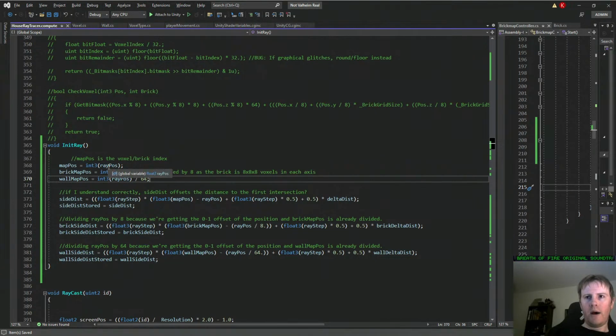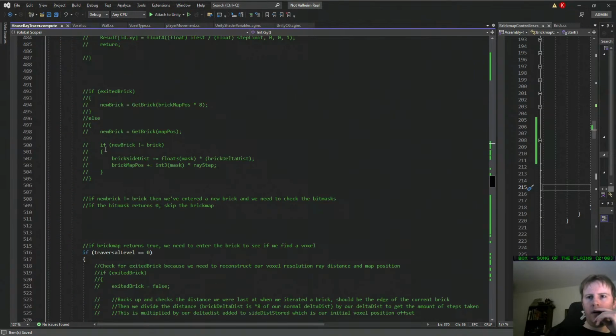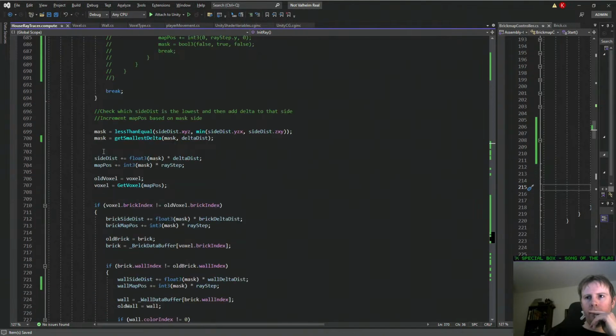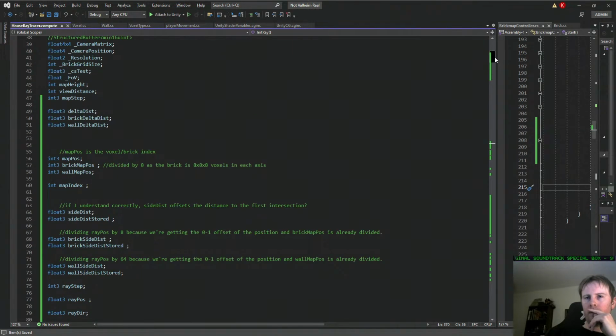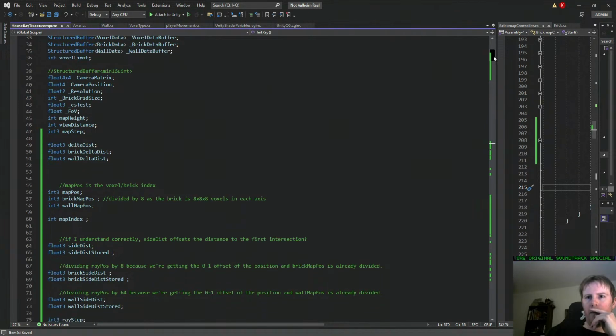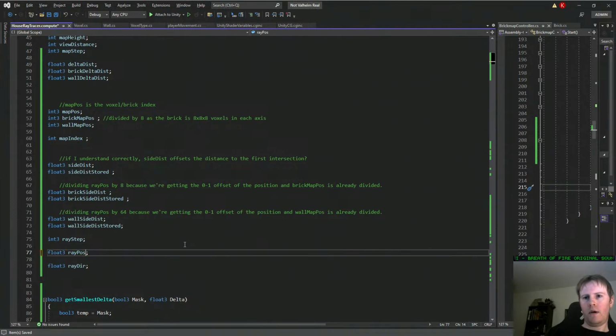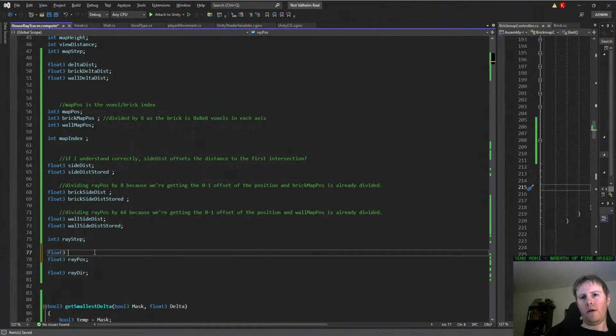So what we need to do now is go down here. And I think we might want not a ray position, but a load 3 ray origin.